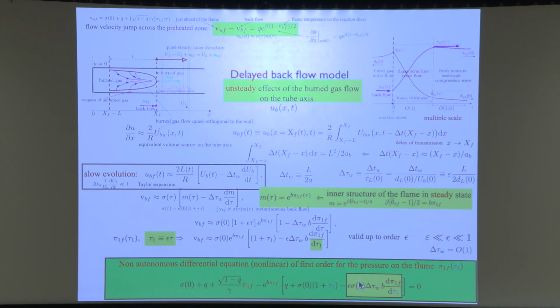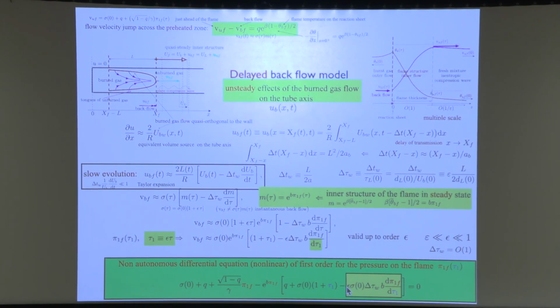Without this time derivative term, the time you have here comes from the assumption that the elongation is linear in time. This is the time dependence of the elongation, assuming that it is a low rate, so it is linear. All the green part you know already, it was in the previous slide. Now the new part is this time derivative.